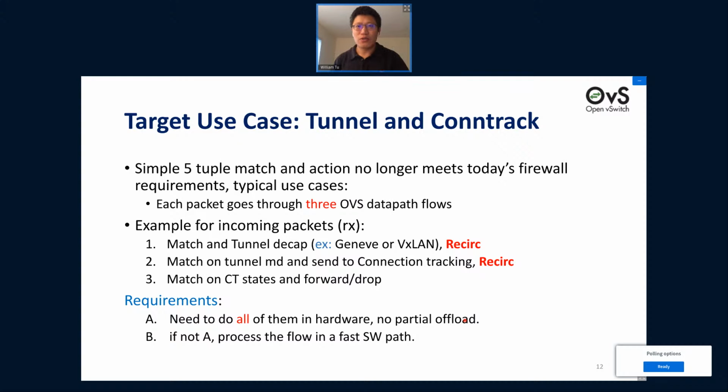If we are doing partial offload, like offloading flow number 1 and flow number 2 but not connection tracking, then the performance is the same as doing everything in software. So if we cannot meet requirement A, then we want requirement B, which is to do everything in software, but it should be fast.